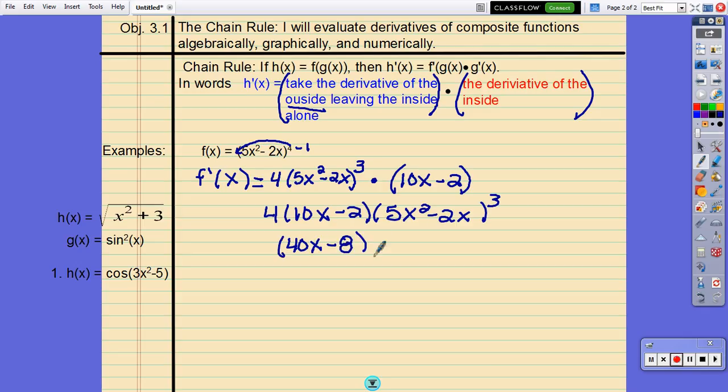And then 5x squared minus 2x all to the 3rd power. So basically, you have 3 different versions of the same thing. What's important here is you're understanding this part right here. The derivative of the outside, leaving the inside alone, times the derivative of the inside. Okay? All right, let me set up and do another example.